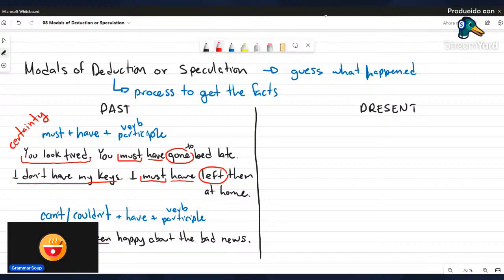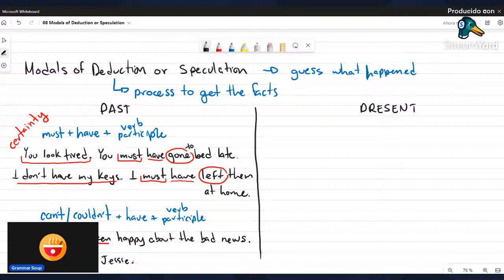Yes, another example using this type of modal, this structure, making deductions. We're still making deductions. Remember, we're certain that this is the reason why. For example, we can say, it can't have been Jessie. It must have been Walt, right?